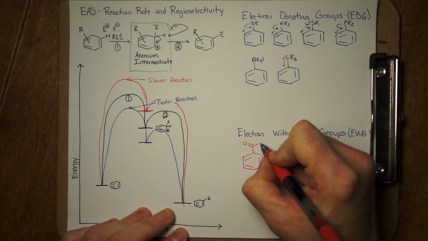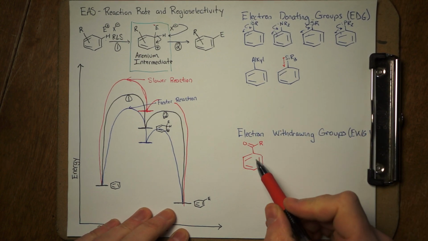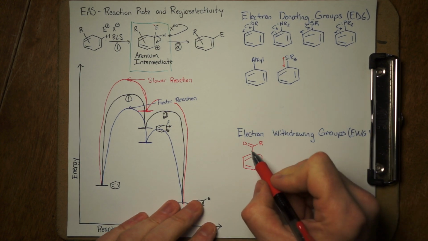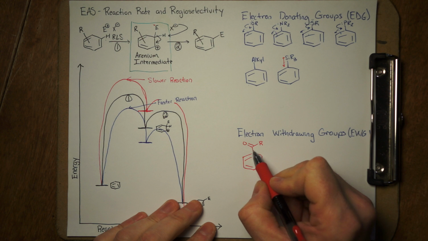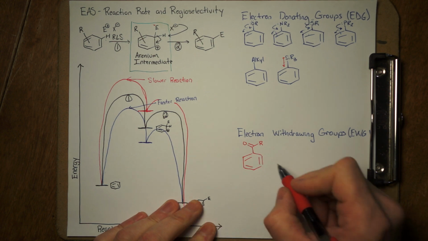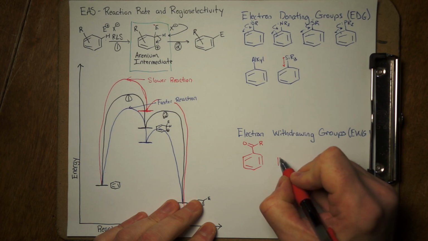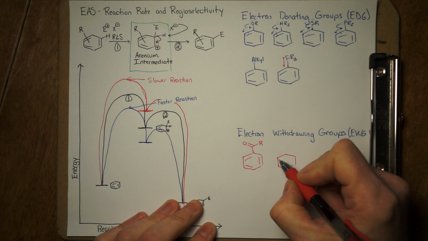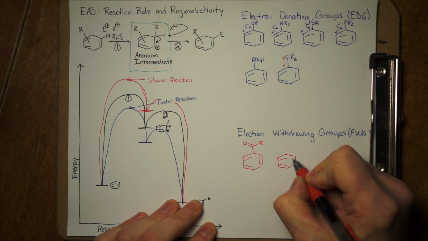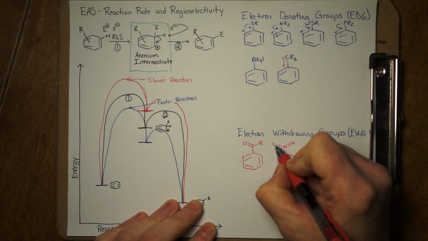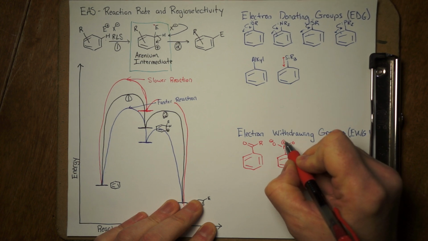are carbonyl groups: ketones, aldehydes, esters, amides. Things where you have a single bond and then a double bond to oxygen. The nitro group is electron withdrawing, strongly electron withdrawing.